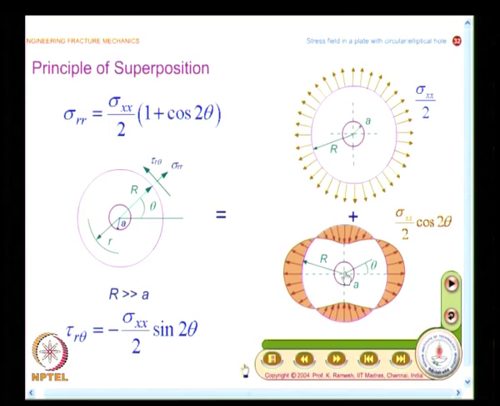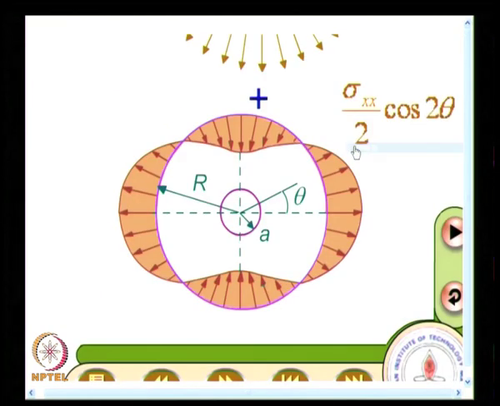Maybe if you want, I can make this big. So, this is what you have. You can draw it on the boundary. So, this denotes positive values, these denote negative values, that is the symbolism that is used. And we will also look at the shear stress.